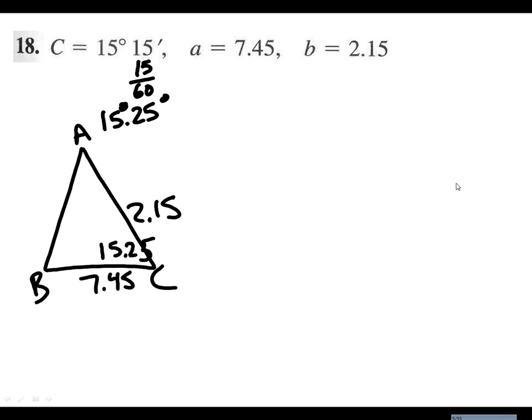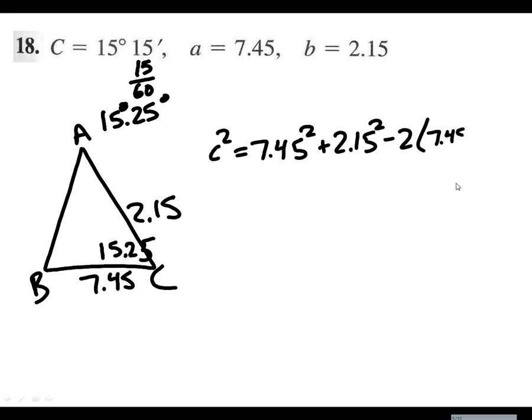Let's find our missing side first. Little c squared equals 7.45 squared plus 2.15 squared minus 2 times 7.45 times 2.15 times the cosine of C, which is 15.25 degrees. Plug it into our calculators.